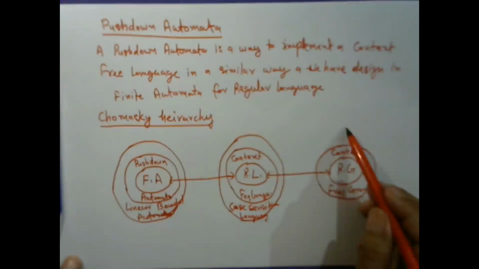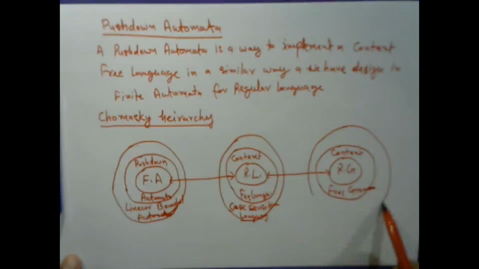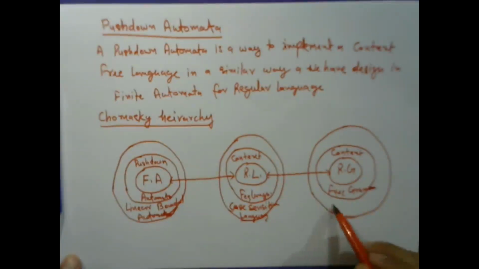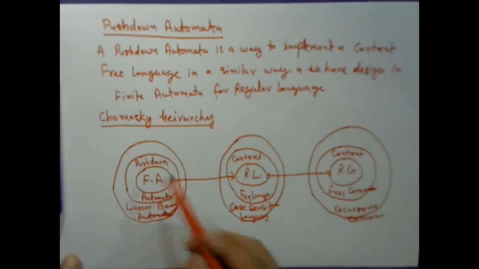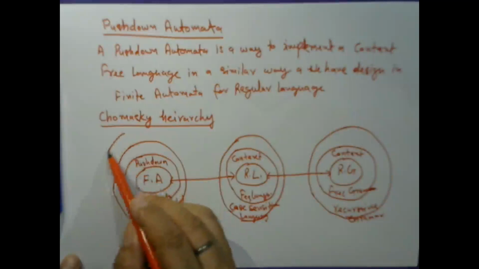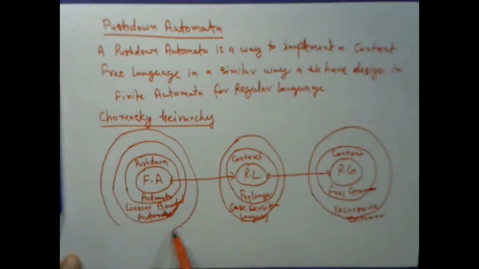And there is a grammar which can understand the case sensitive language, that is the recursive grammar. And there is another automata, the fourth automata, that is Turing machine.